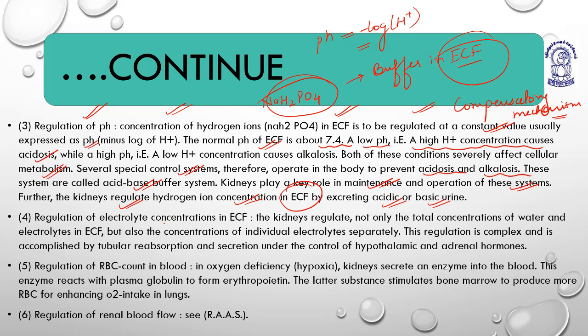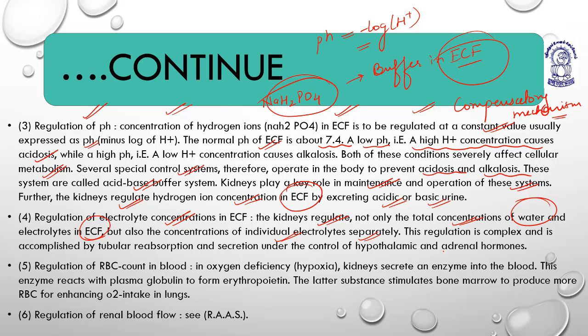Now, regulation of electrolyte concentrations in ECF. The kidneys regulate not only the total concentration of water and electrolytes in ECF, but also the concentration of each individual electrolyte separately. Like the sodium ions in extracellular fluid, they are around 135 milliequivalents, and inside the cell they are less, so this condition is to be maintained anyhow.